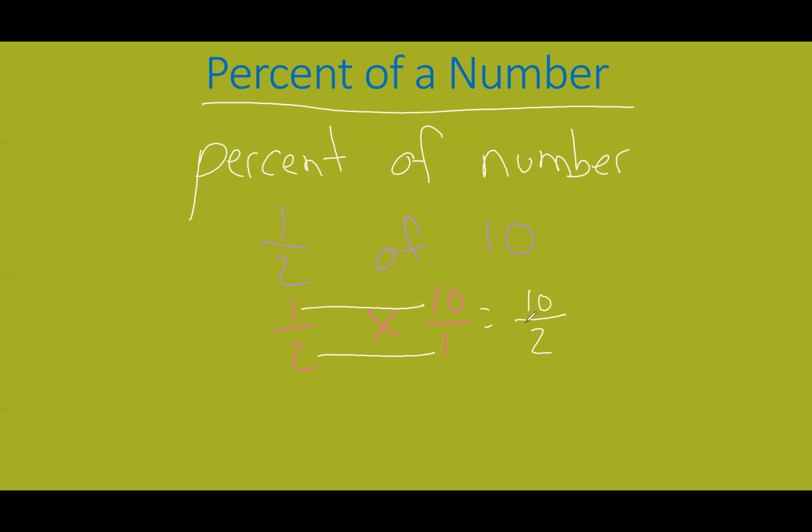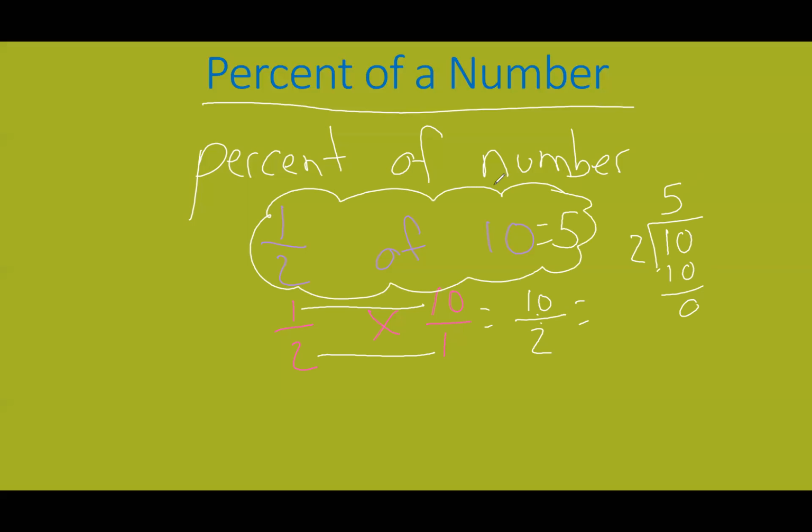And now I have a division problem that says 10 divided by 2. And we know what 10 divided by 2 is, don't we? It's 5. So my answer, 1/2 of 10 is 5. So you guys know how to do that. You know how to find a fraction of a whole number.